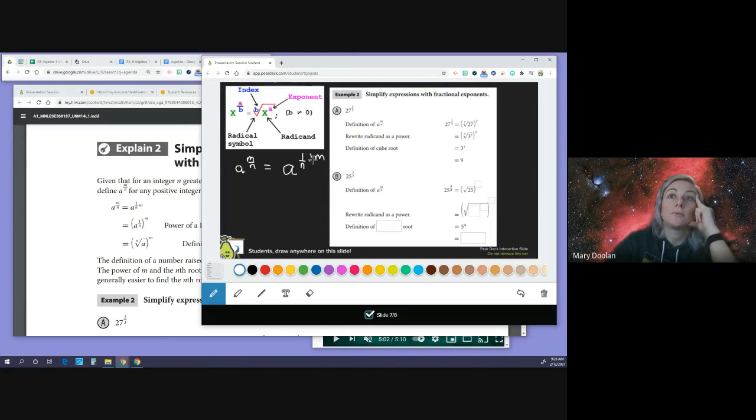Okay, and then if I put parentheses here, which I'm allowed to do, this by the old rule is the nth root of a. And we're raising that all to the m power. Okay, now we can write it this way or you can write it this way, but they do mean the same thing.